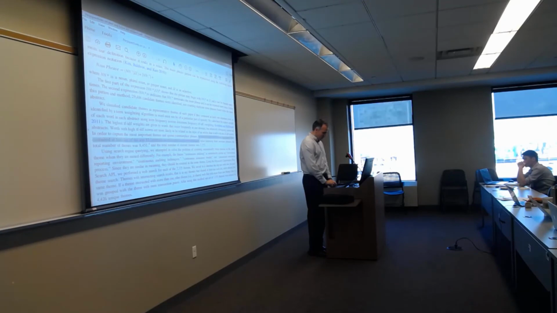So after finding those important phrases, the total number of themes was 8,000. There were some repeats between the abstracts, so the total number of distinct themes got whittled down to 7,375.